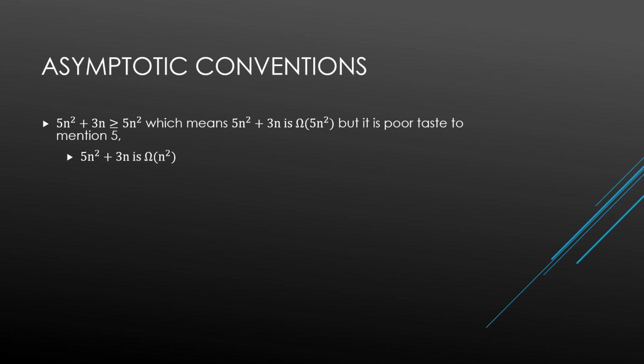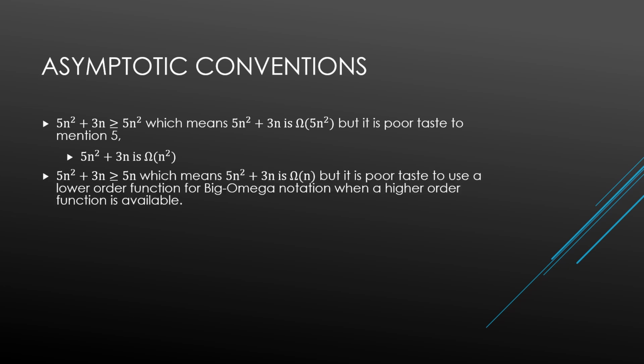So 5n squared plus 3n is omega of n squared. 5n squared plus 3n is greater than or equal to 5n, which means 5n squared plus 3n is omega of n. But it is poor taste to use a lower order function for big omega notation when a higher order function is available. So 5n squared plus 3n is omega of n squared.